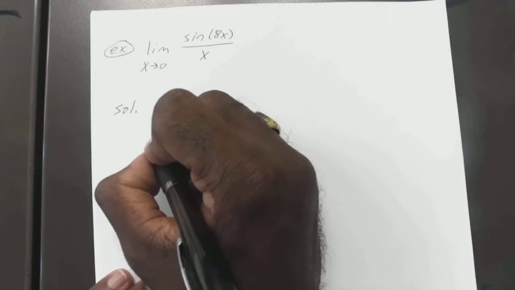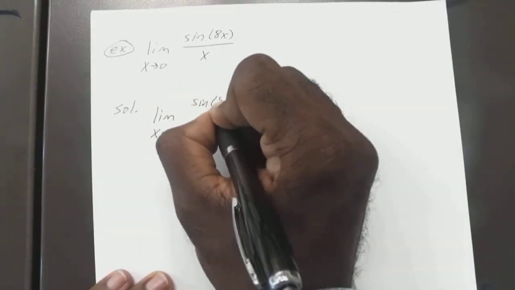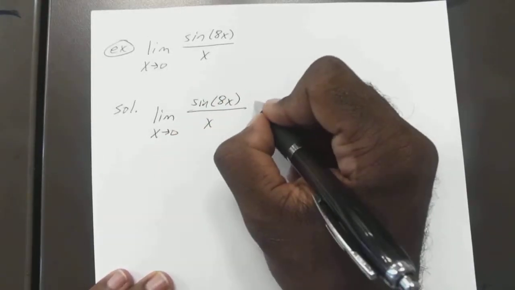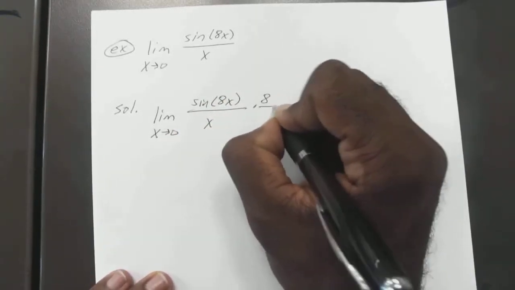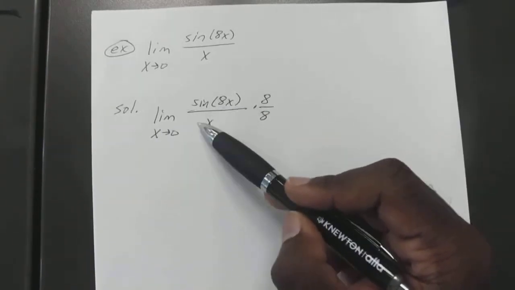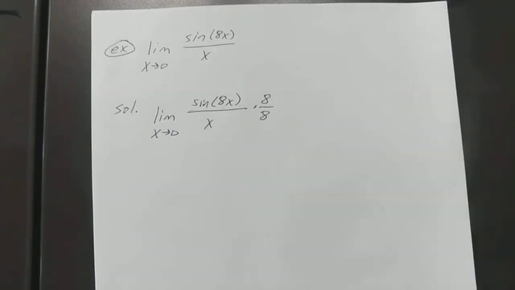So you have the limit as x approaches 0 of sine of 8x over x times 8 over 8. Whatever is next to the x, you just multiply the numerator and denominator by that same value to match the denominator.